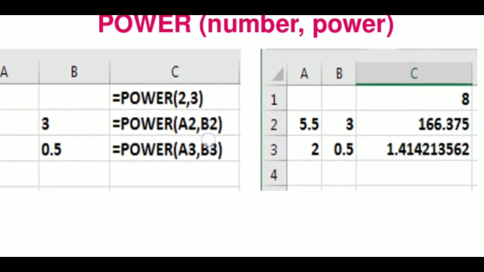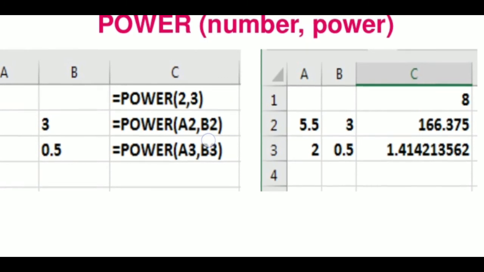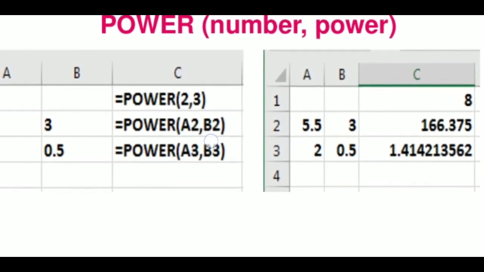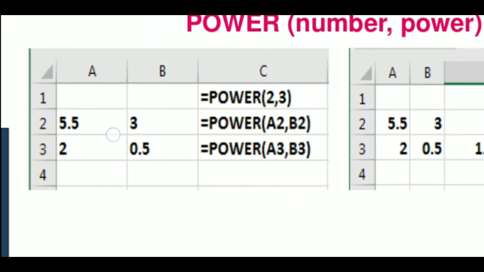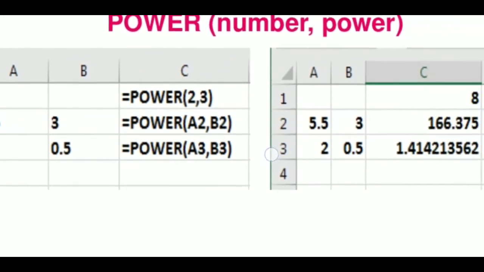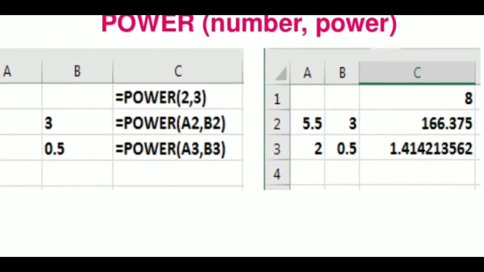power will be B2. Here A to the power B2. So here value A2 is 5.5 and power will be 3. Then result 5.5 to the power 3 will be 166.375.